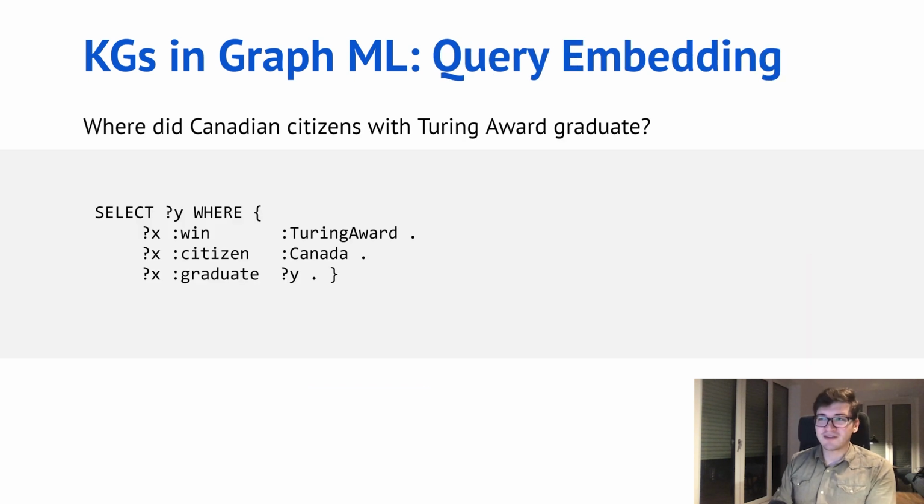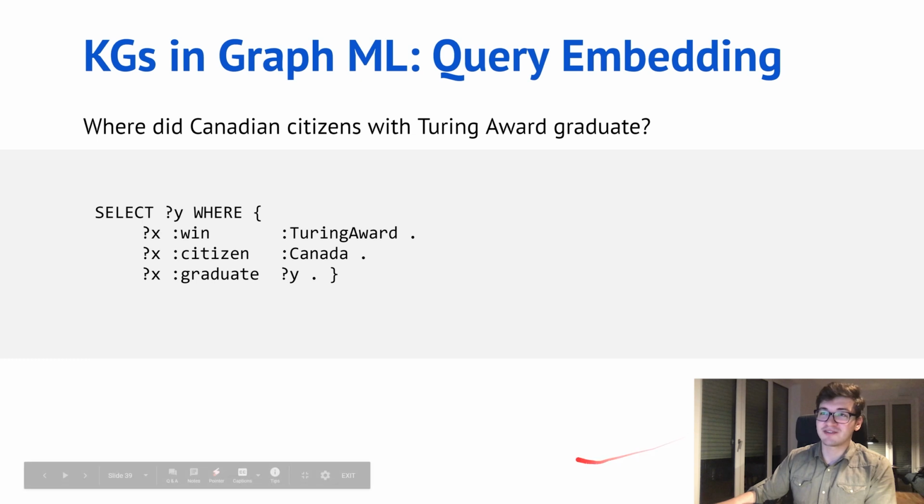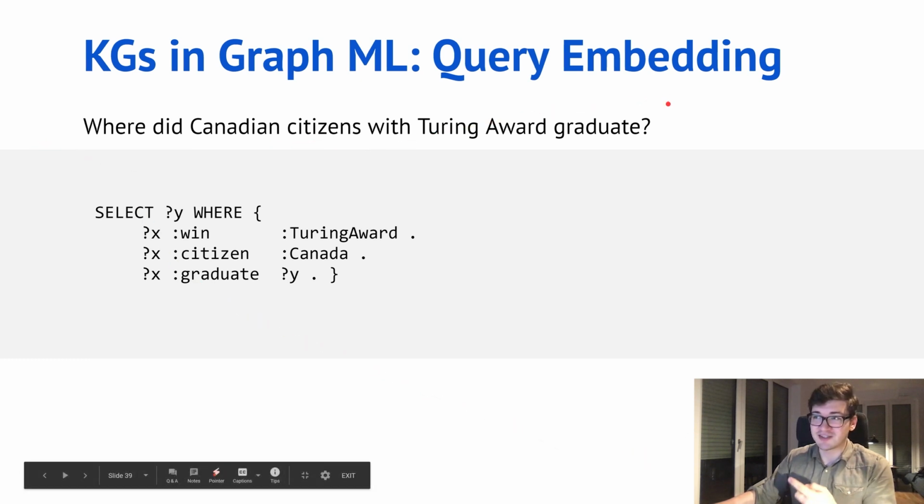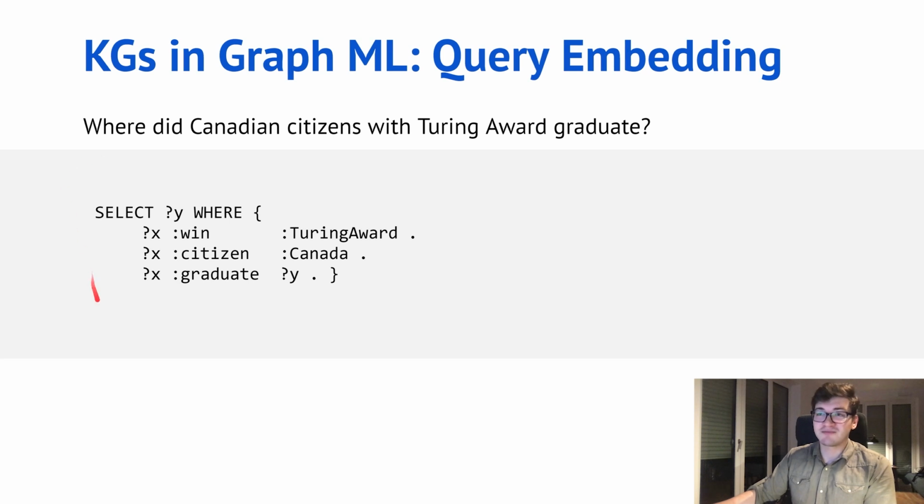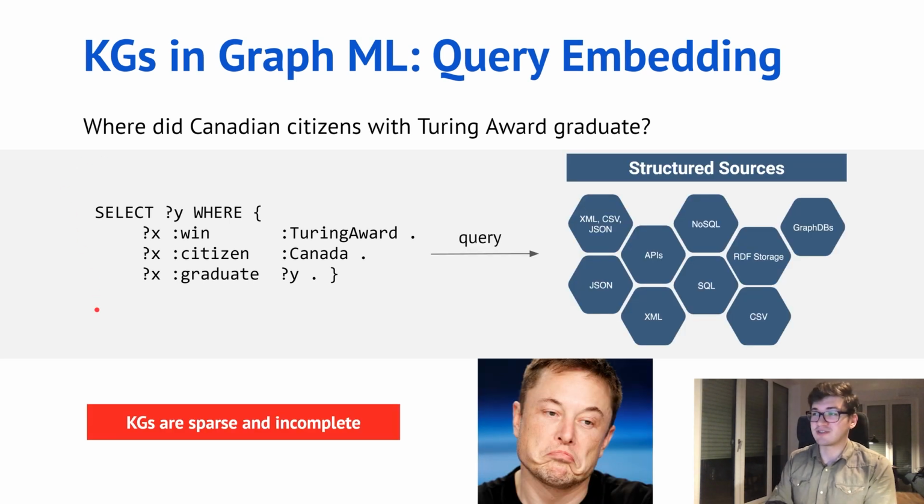So query embedding is about answering SPARQL queries, but not against the database, but in embedding space. So usually when you have a certain question, like Canadian citizens who are Turing Award graduates, for example, you have a SPARQL query, which you execute over some structured sources, like those databases. The problem is that those KGs are incomplete, they're pretty sparse, and they will only return you what is explicitly there.